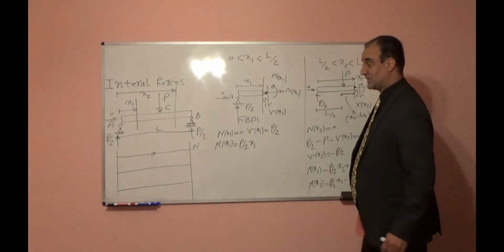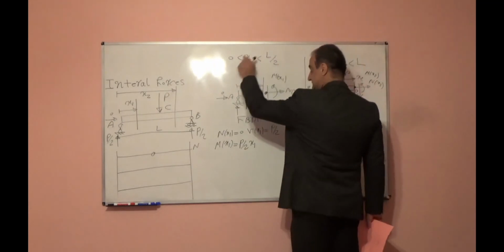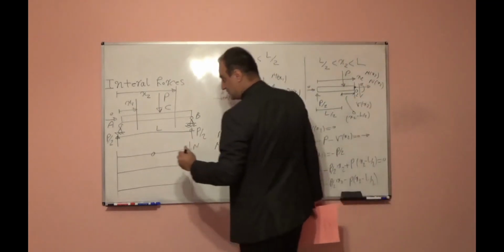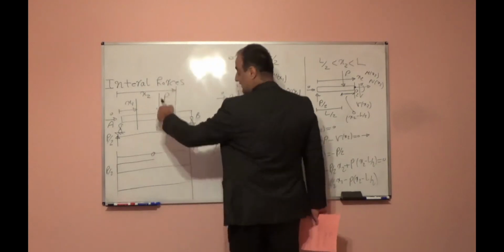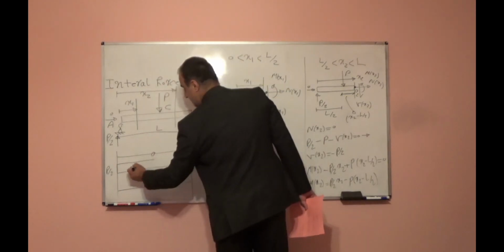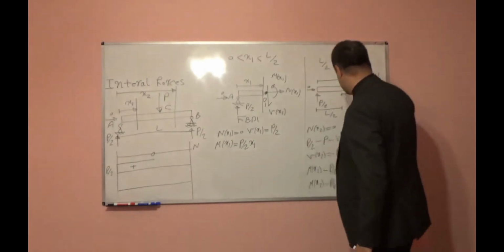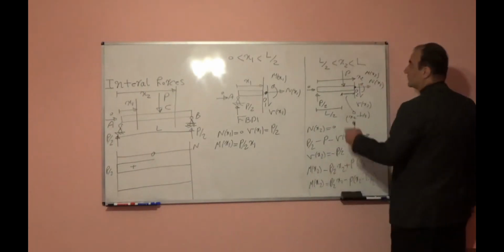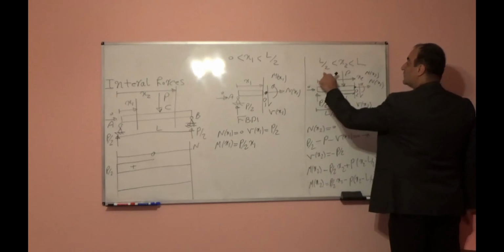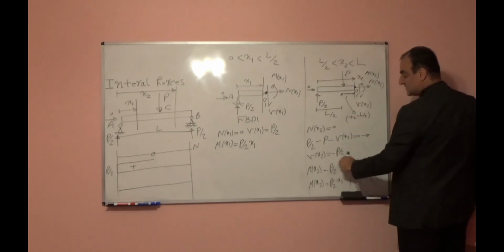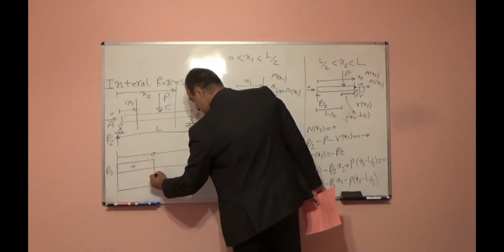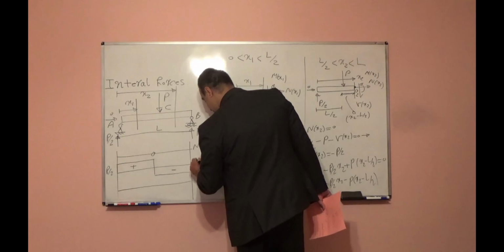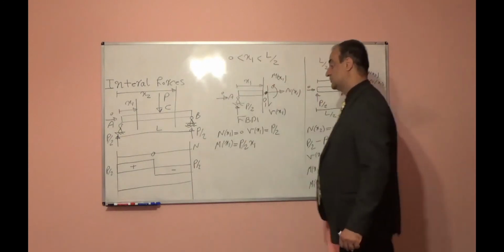Shear force from 0 to L over 2, in this domain it is P over 2. So if I move up P over 2 up to here, underneath of the load it is P over 2 and it is positive. After the load, it means in the domain of L over 2 to L, it is Vx2, it is negative P over 2. So after this, it will remain constant and it will be negative P over 2.